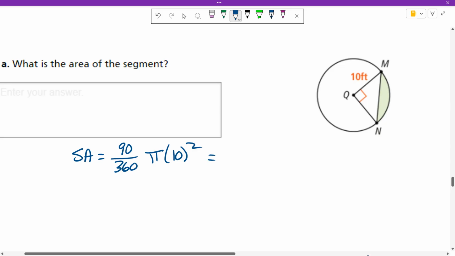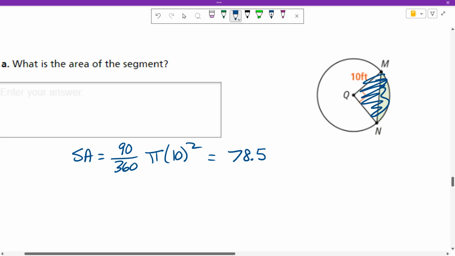Now, 10 squared is 100. 1/4 of 100 is 25. 25 times pi. What's 25 times pi? 78.5. Sounds good to me. That's the sector area.